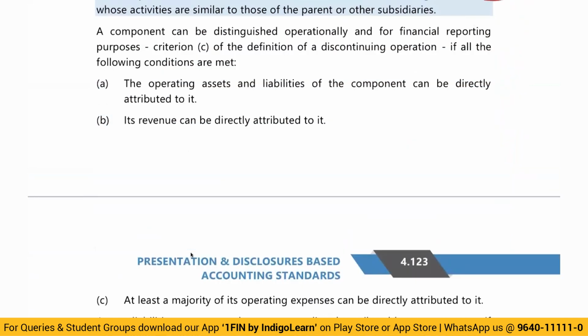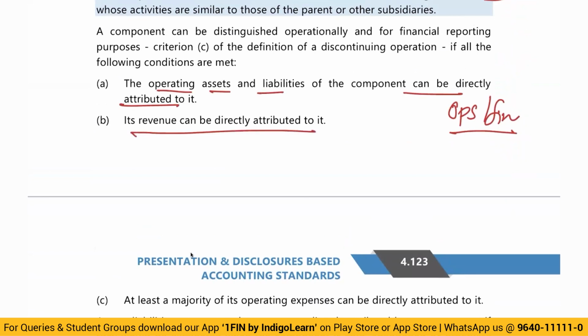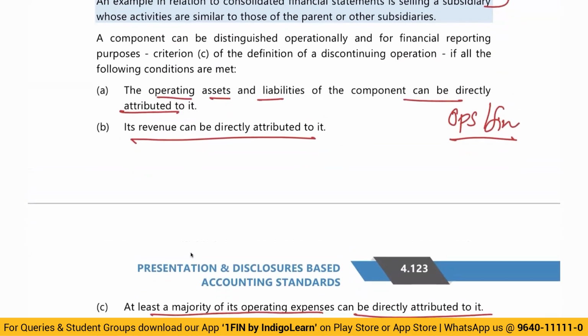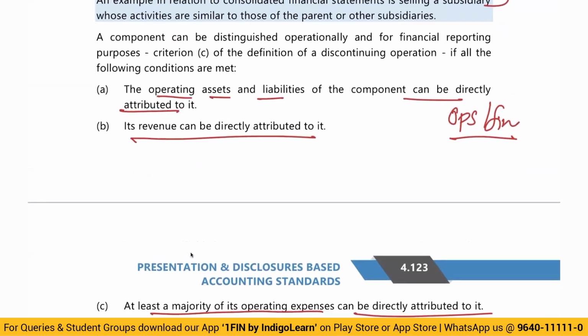Then in the previous thing, we said that we have to operationally and financially be able to distinguish the segment. When can we be able to do that? We'll be able to do that when the operating assets and liabilities can be directly attributed to it. So the discontinuing operations that we are talking about, assets and liabilities, we should be able to directly attribute. Revenue, we should be able to directly attribute, and majority of its operating expenses we should be able to attribute. So we should be able to attribute assets, liabilities, revenue, and majority of the expenses.